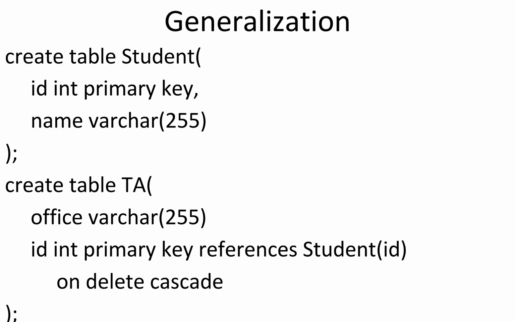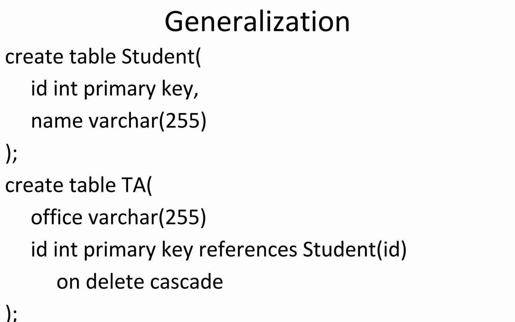Now, to implement that, let me show you. This is the implementation, which we'll start looking at next week. We create a table for the student that has a primary key for the ID and obviously the name of the student. And then you have a table for the TA that is implementing the subclass, where notice that the primary key for the TA is also a foreign key referencing the primary key of the student.